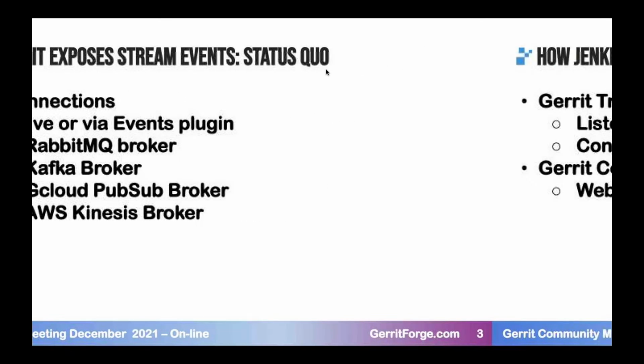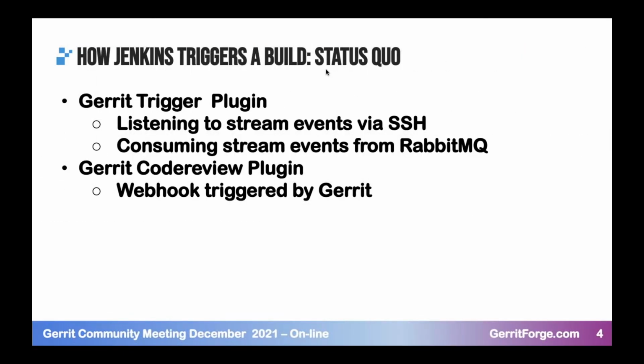Now let's have a look at the Jenkins side, how triggers are built, so how those events are consumed. On the Jenkins side, we have two plugins. One is the Gerrit Trigger plugin. The other one is the Gerrit Code Review plugin.